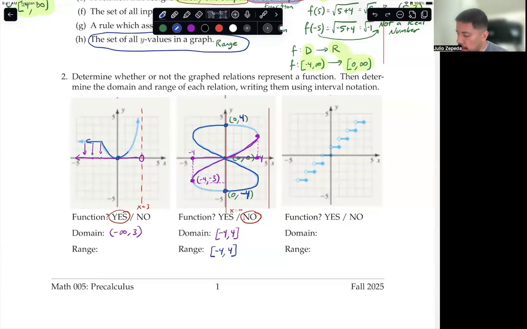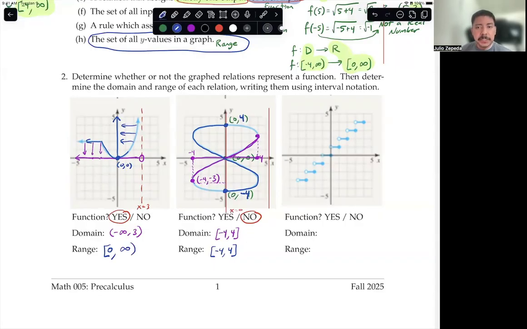If I were to map all of these points to the y-axis, all of the y values would highlight the y-axis forever in the positive direction. And the lowest point seems to be 0. So 0 is included as part of the range, and it goes up to positive infinity.